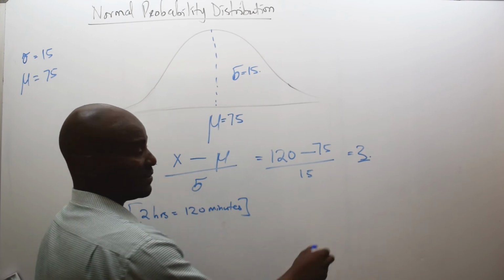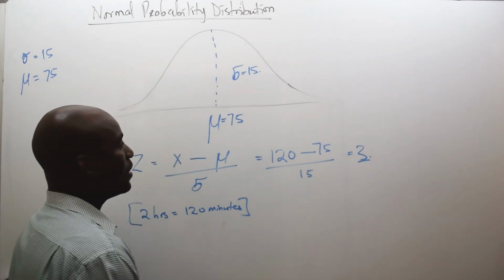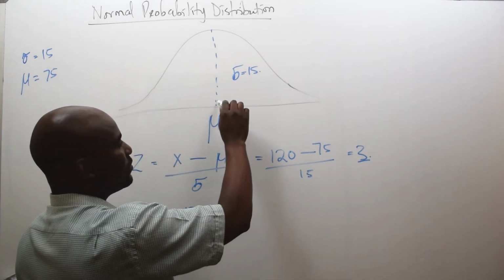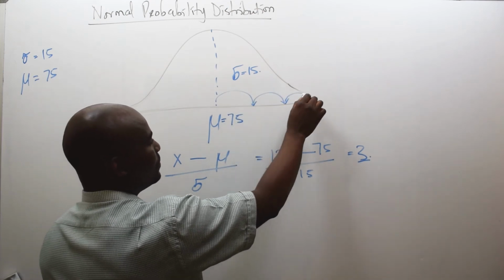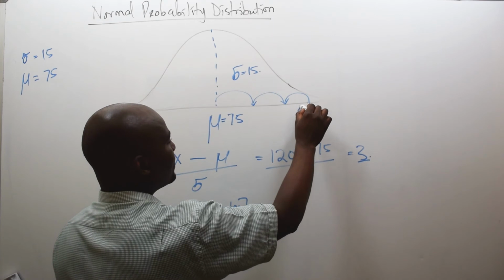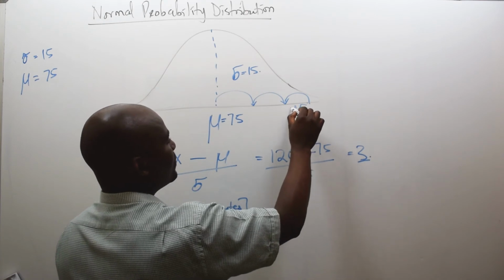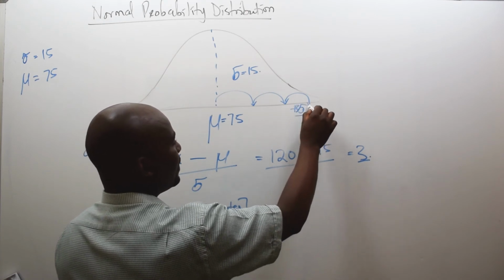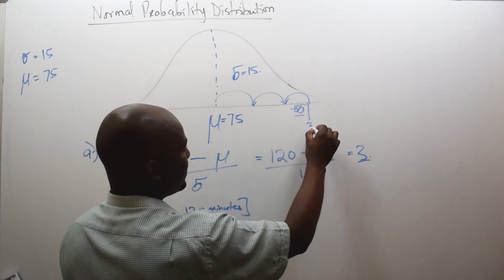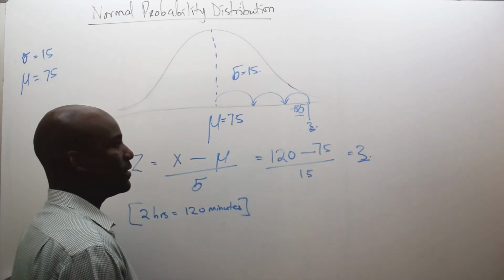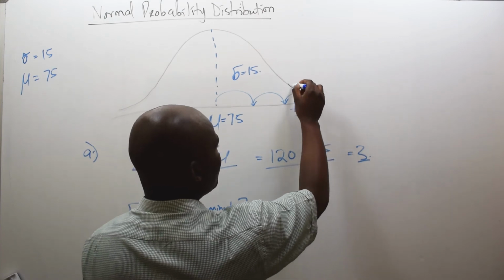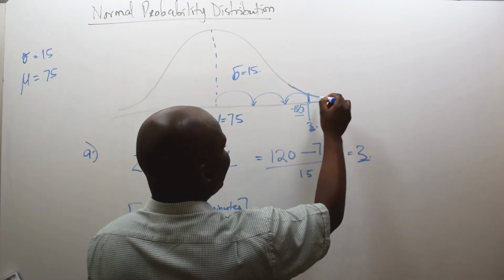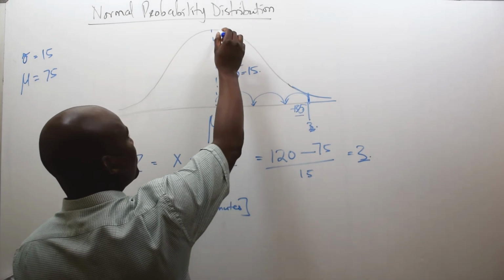In this case we have a Z of 3, so it means we would have moved 1, 2, 3 by the sigma, which is plus 3 sigma here, and this is giving us a Z of 3. So this is going to be the area from here.